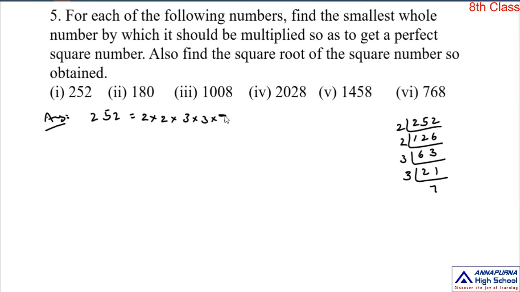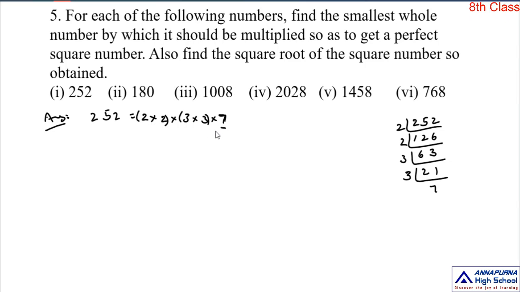Okay, so what are the prime factors of this number? Here we have 3 prime factors. What are the 3 prime factors? 2, 3 and 7. Okay, so when you observe these prime factors, 2 has a pair and 3 has a pair, but 7 has no pair. So when you are grouping these prime factors in pairs, yes, 2 has a pair, 3 has a pair, but 7 has no pair.